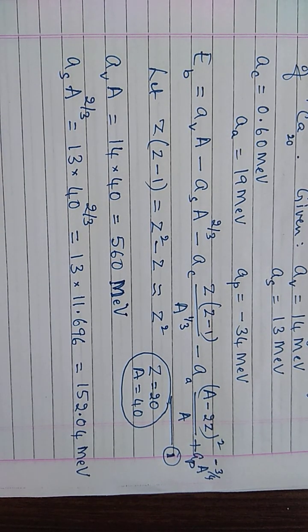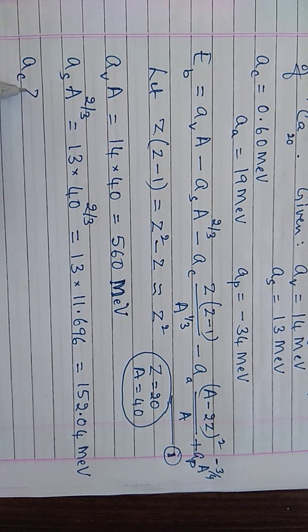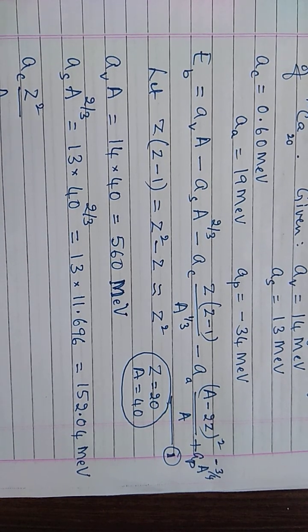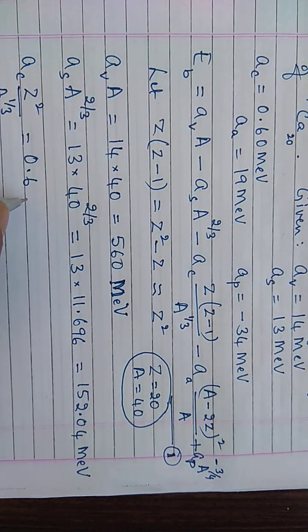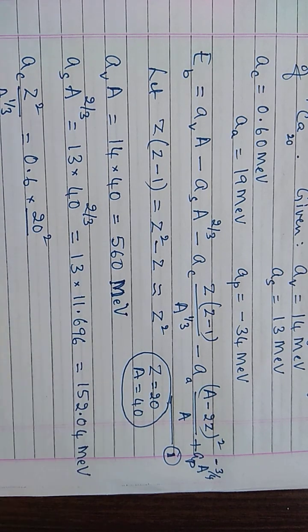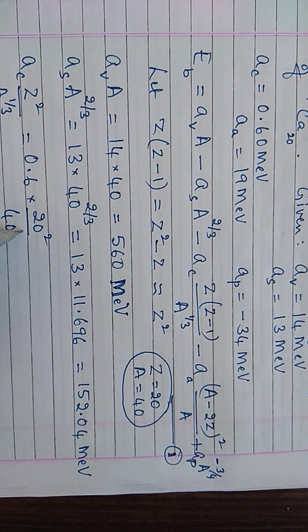Third component, AC. Z into Z minus 1, approximately taken as Z square here. Z square divided by A to the power 1 by 3 is equal to 0.6 into 20 square, atomic number 20 square, divided by mass number 40 raised to the power 1 by 3.